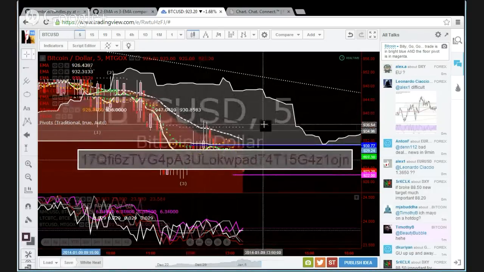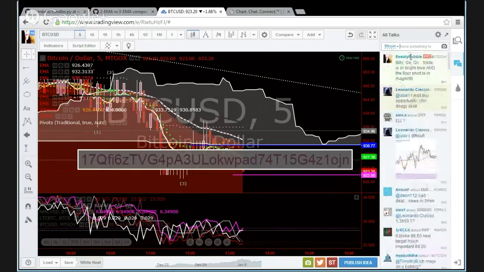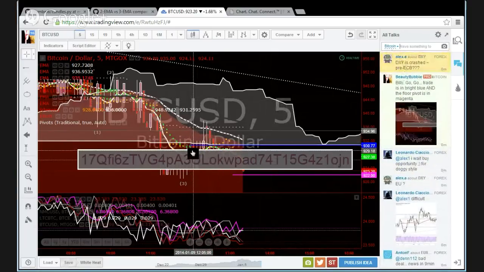There we go. I think that's better. 923.20 on its way to 922, only $1.20 off. So you can see why having pivots in play. And that's something that I should probably, did we get into the trade at 12:05? So the day had already started. 12:05. Interesting. And we're coming into the floor pivot, $1.20 off.